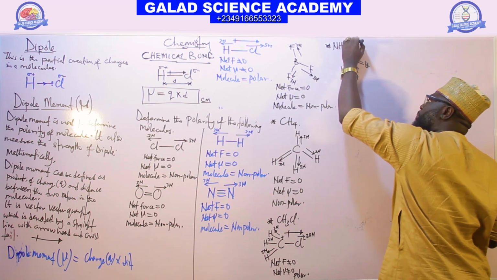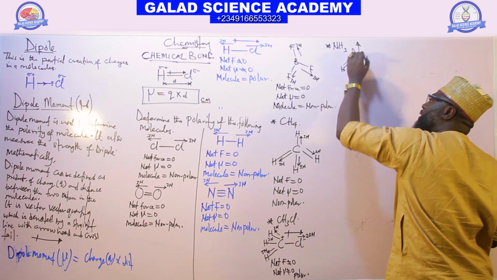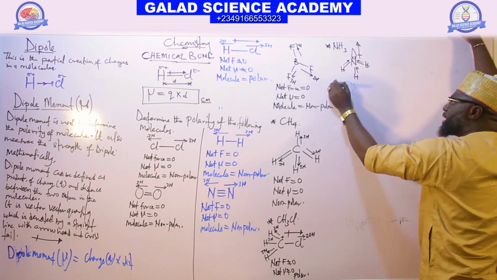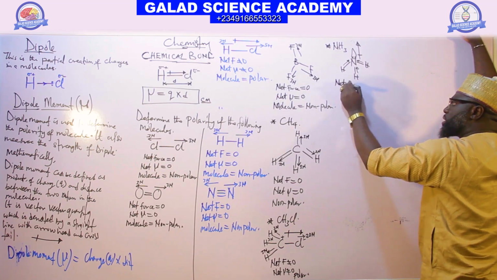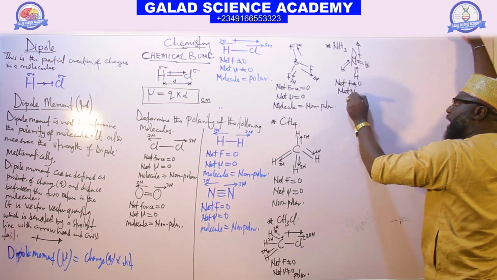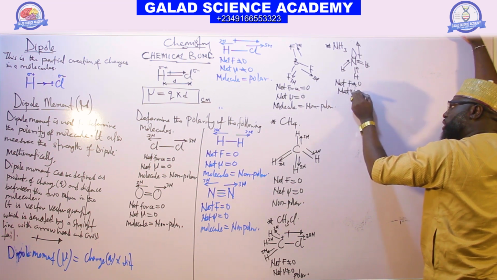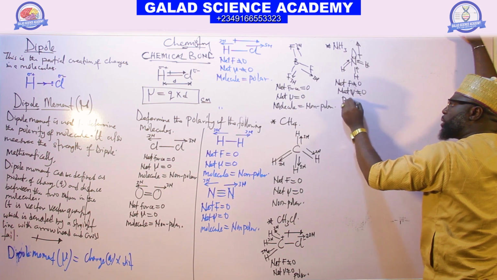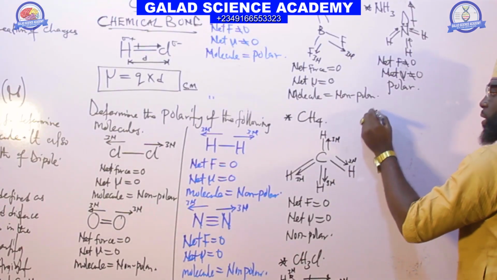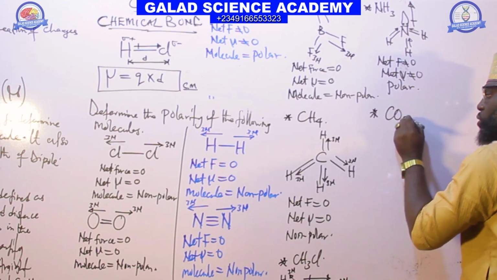So the dipole direction will be this. The ammonia is also, the net force here is not equal to 0. Net dipole is not equal to 0. And the molecule is a polar molecule.